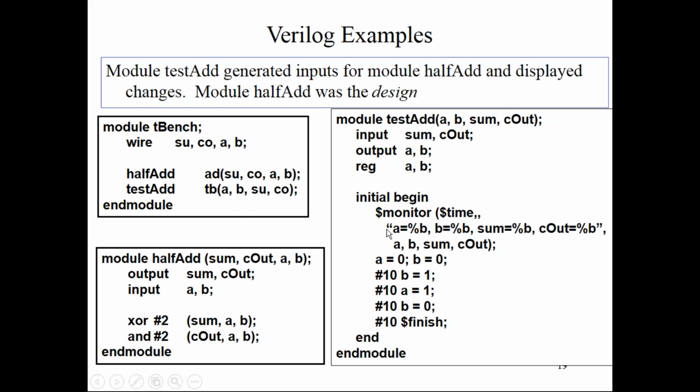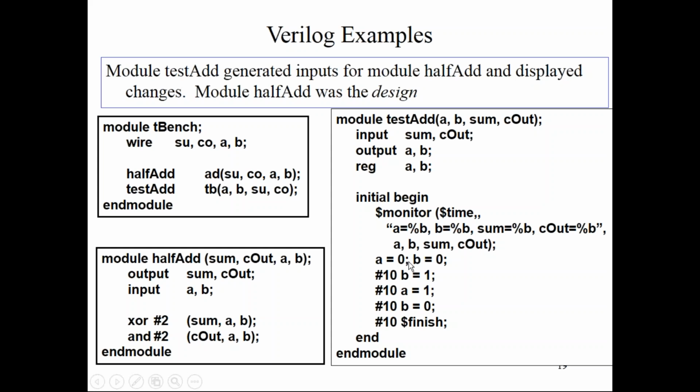Then double quote, within that A equal to percentage of B, that means A is a binary value, and B equal to percentage of B, that is also a binary value, that means a single bit, and sum equal to percentage of B, which is also binary, and Cout equal to percentage of B, that is also binary. In whichever order you write, in that same order you have to use A, B, sum and carry out, that means your input and the output.